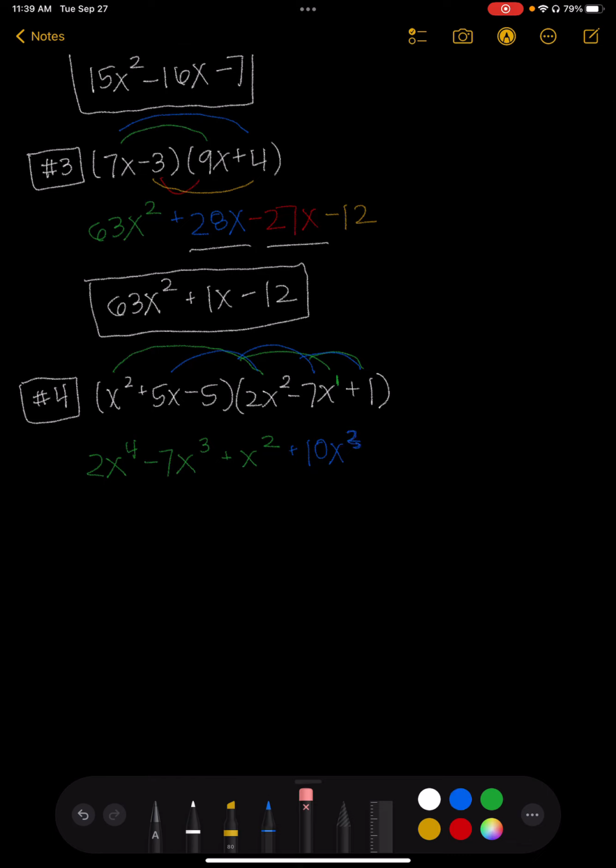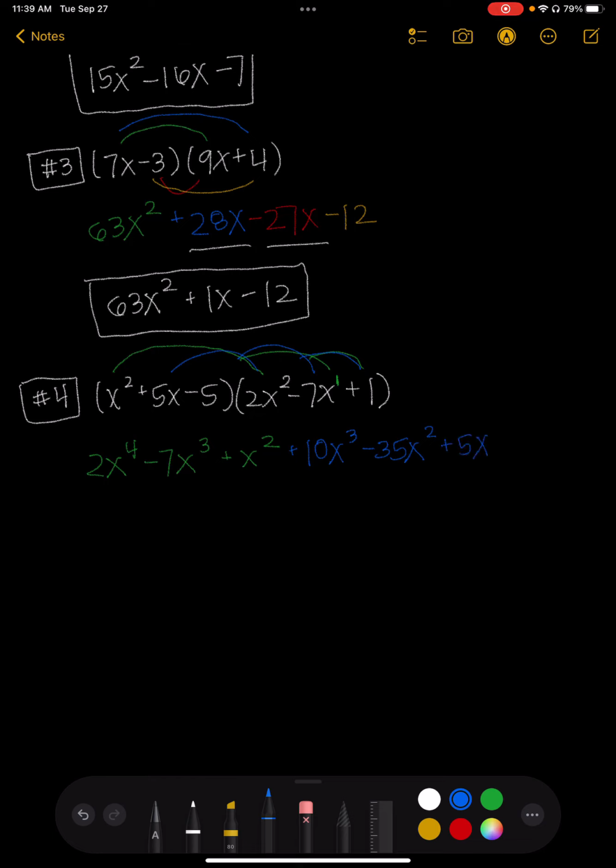That's a terrible 3. Let me try that again. 10x cubed. Okay, now we're going to do 5x times the second one, which is -7x. So that's going to give me -35, because 5 times -7 is -35, and x times x is x squared, so I put an x squared on there. Then we do 5x times 1, which gives me 5x.